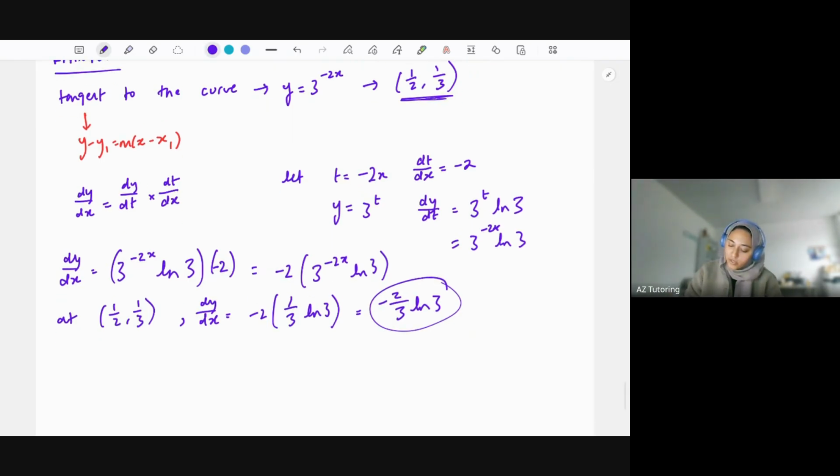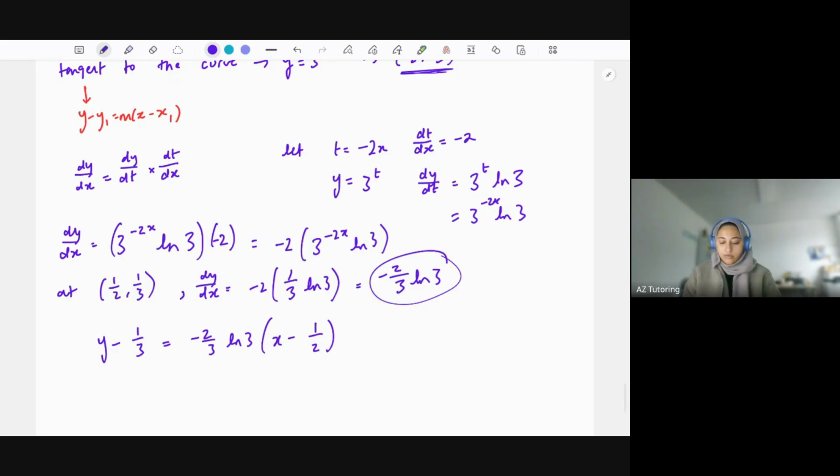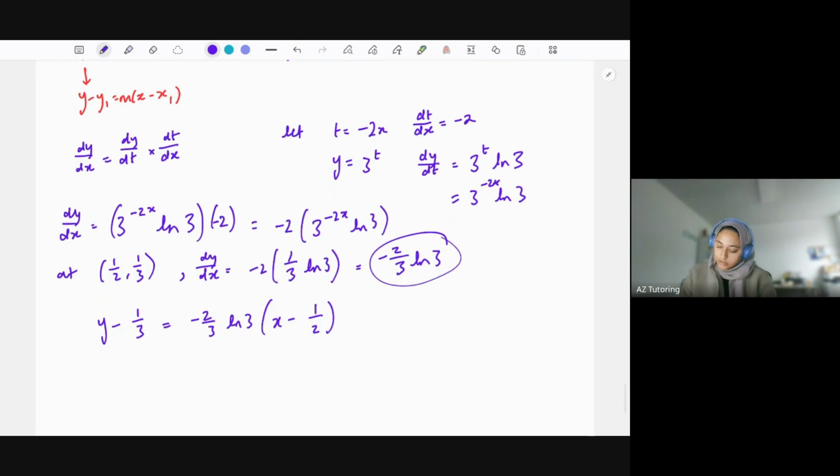So therefore, the equation of the tangent is y minus y1, which is a third from the original coordinate, equals m, which we've just found, minus 2 over 3 ln 3, times x minus x1, which is just a half. And simplifying that, we're going to start using our log rules here, I'm guessing.